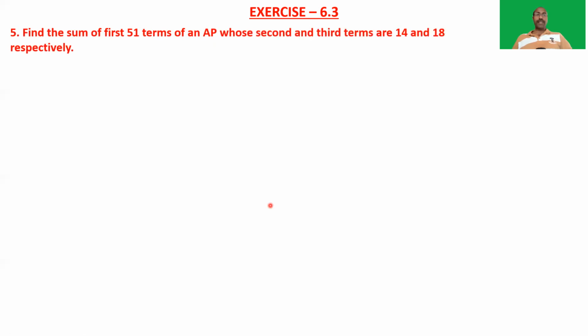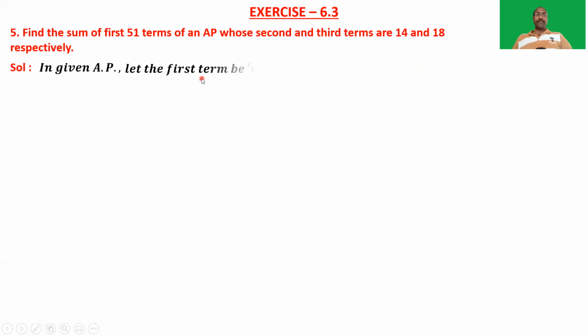Find the sum of first 51 terms of an AP whose second and third terms are 14 and 18 respectively. So here the second and third terms of an AP are given and we need to find the sum of first 51 terms. Okay. So it is not given the first term and the common difference.